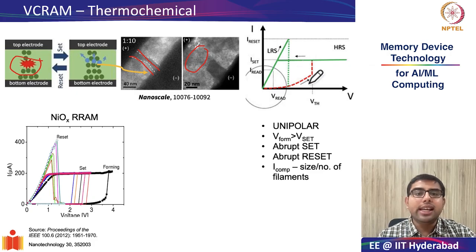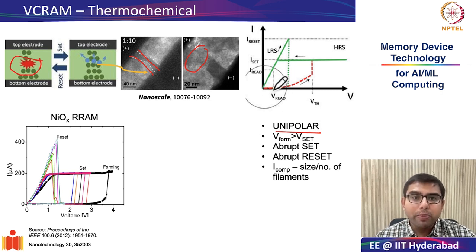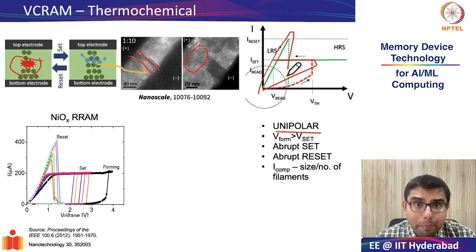And as you see in your IV characteristics, these devices are inherently unipolar. What does it mean? This means while the set is happening at the positive polarity, even reset can happen at the same polarity.